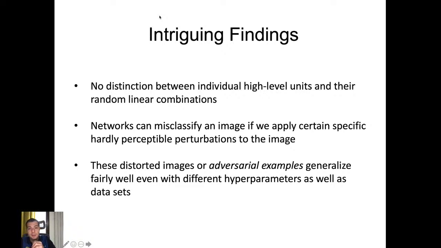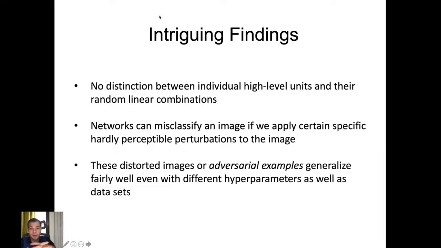First, their main findings are that there is no distinction between high-level units and random linear combinations of these units. You will see what this means in the next slides. Then they also show that a network can misclassify an image that has perturbations imperceptible to the human eye.